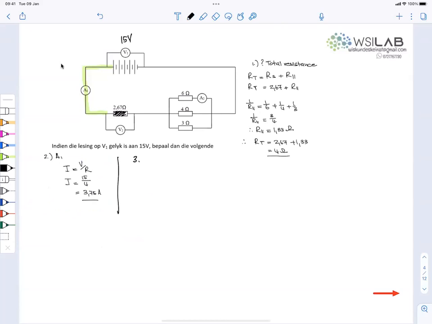Number 3. I want to know what is the reading on voltmeter 2. Help me out, someone.